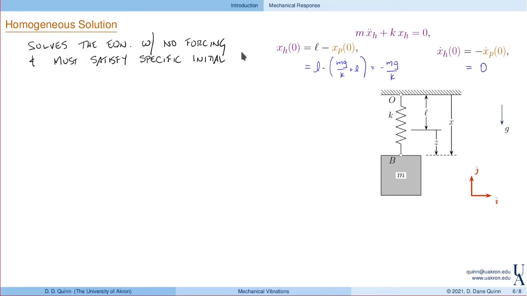I will note that the initial conditions for the homogeneous solution are not the same as the initial conditions for the original problem, because the homogeneous initial conditions are the original problem minus the particular solution. So this is something that we need to calculate along the way. And to solve this, we will use the method of undetermined coefficients.